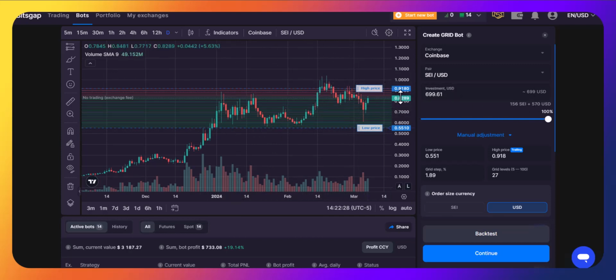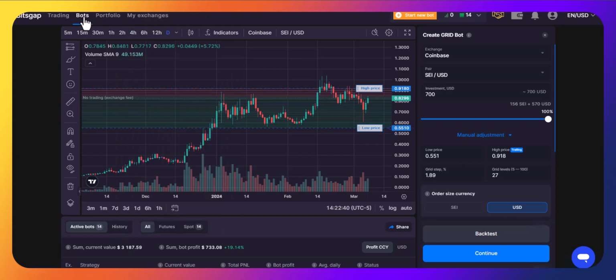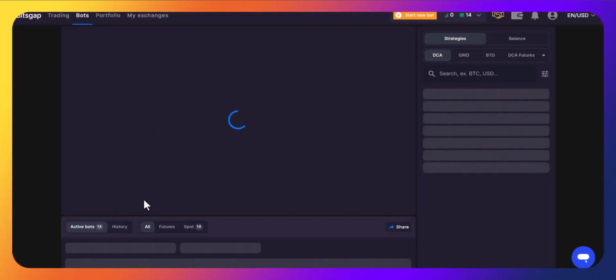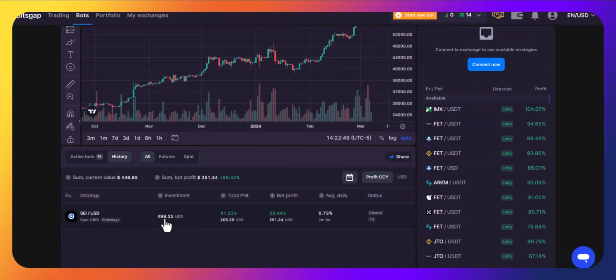So how much did we have in our bot? Let's open that up again so we can take a look at it. I think it's underneath our history. Let me open this bot in a new tab real fast because I don't want to change what I'm doing over there. Let's go to history. We had around $500 trading in this bot.